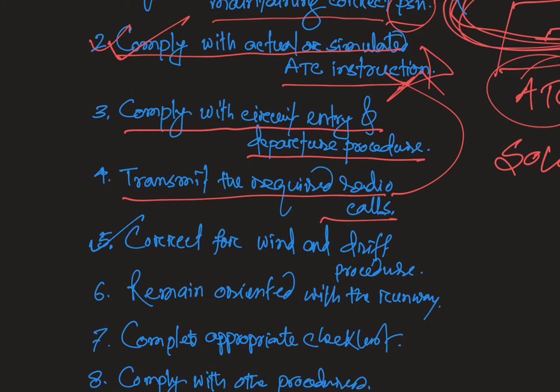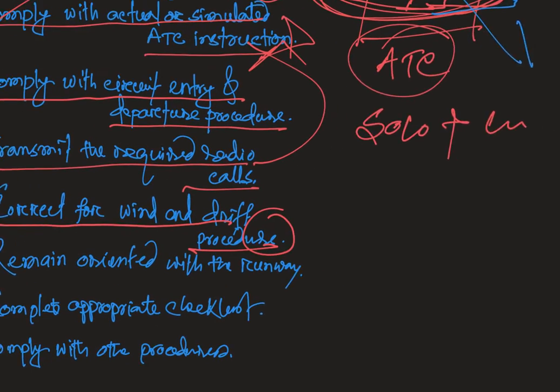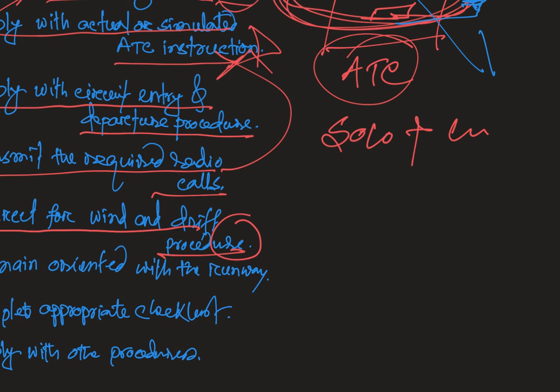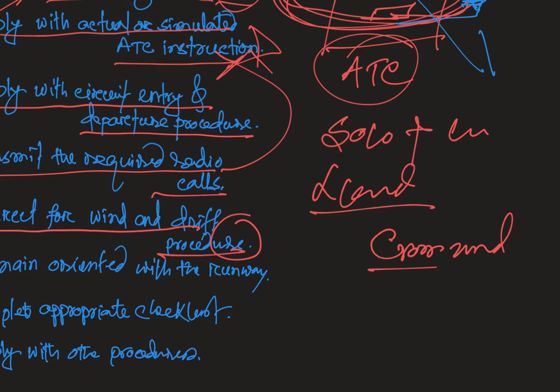Then comes correct for wind and drift procedure. This is important for circuit landing. In circuit landing, you will not learn only landings, you will learn to fly in a crosswind condition. So in a crosswind condition, we'll discuss later.